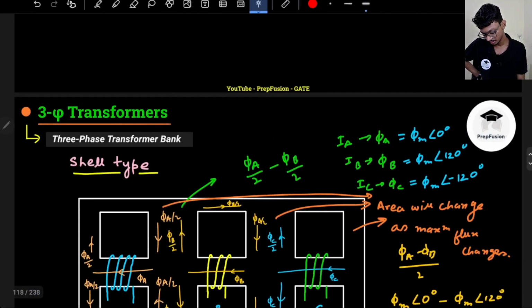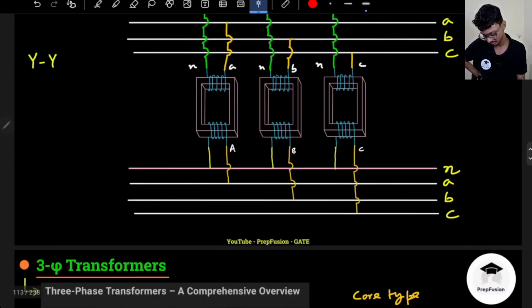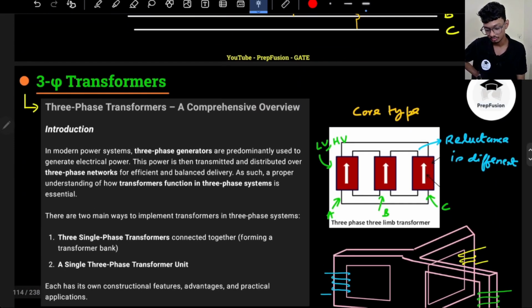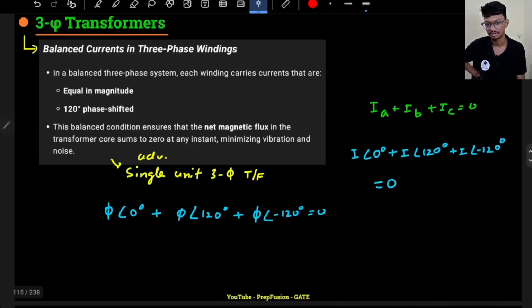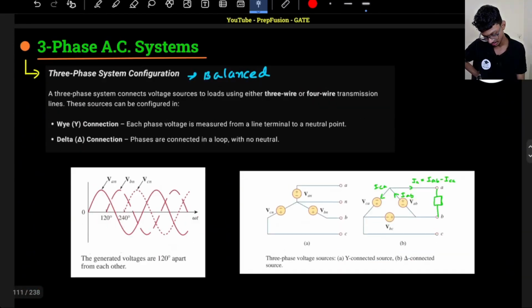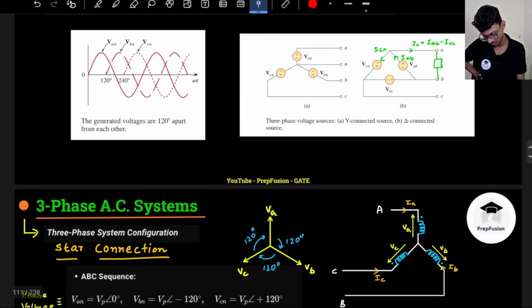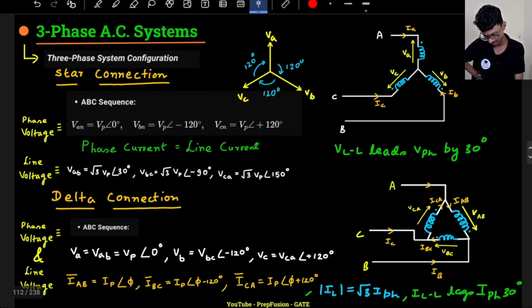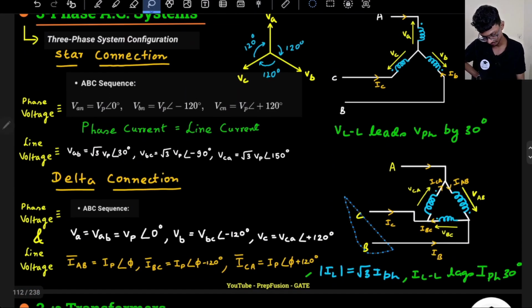If you see here in the first case, everywhere these 3 points are shorted. What are these 3 points? Neutral. So where is neutral present? Star connection. Also from here you can understand. I forgot to take this delta and star, I will take this circuit actually, this way you will understand better.